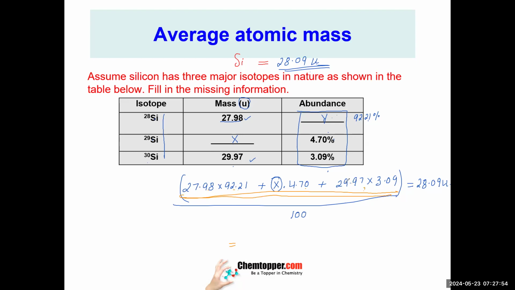Okay, these two numbers, you add them. And once you use all the calculation, finally you are dividing it by 4.70. So 4.70 has only three significant figures. So the final answer will be in three significant figures. Okay, work out X. What is X? You calculated X?